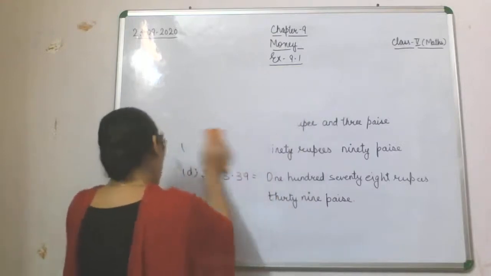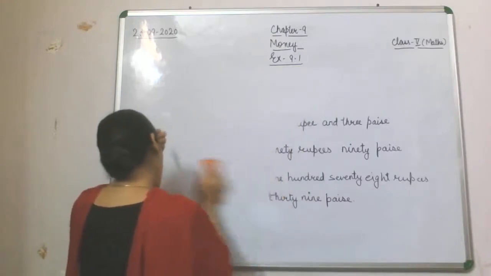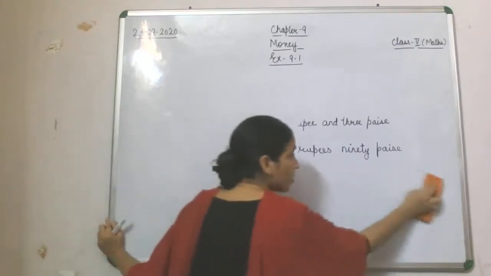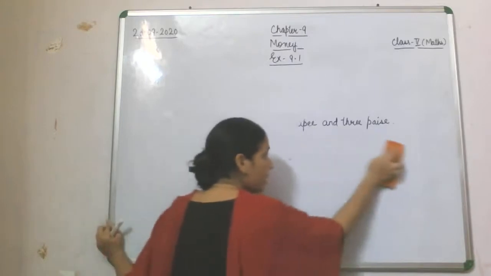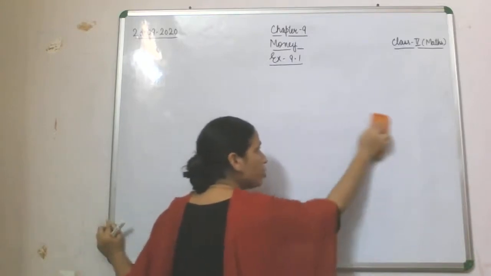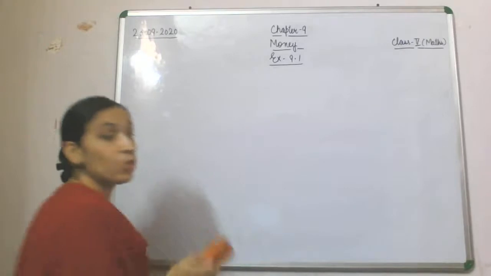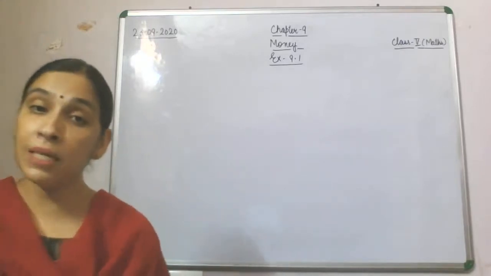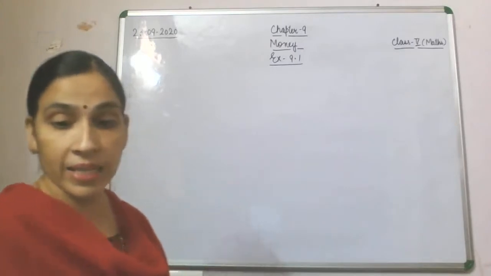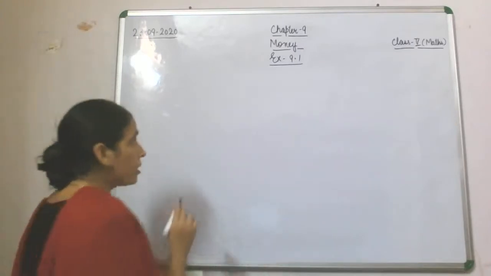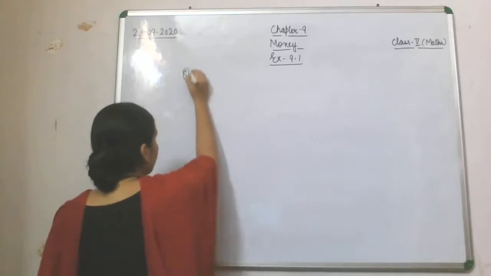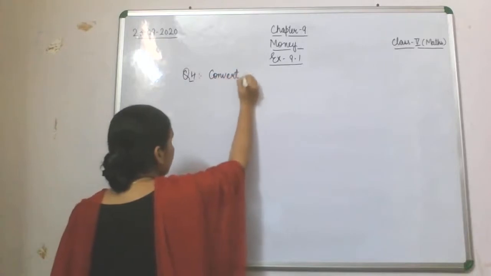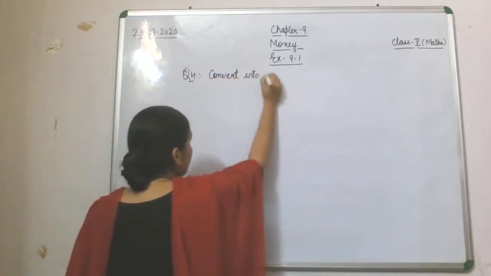Here we will use the concept from measurement: whenever we have to convert paisa into rupee, smaller unit into bigger unit, we will do division. Smaller to bigger we will do division, and bigger to smaller we will do multiplication. Let's see how. Fourth question, convert into rupees.